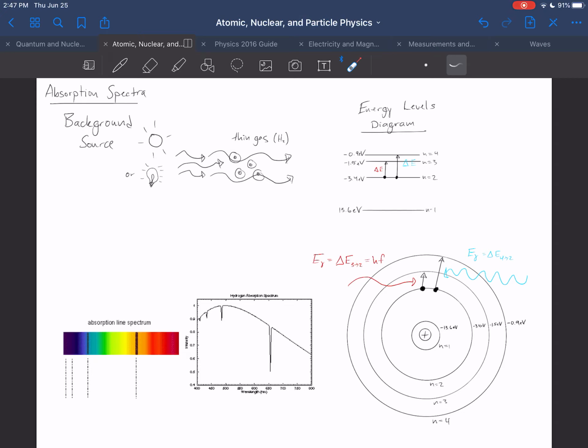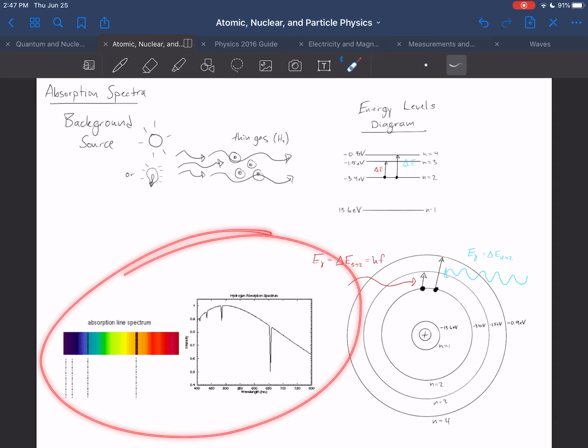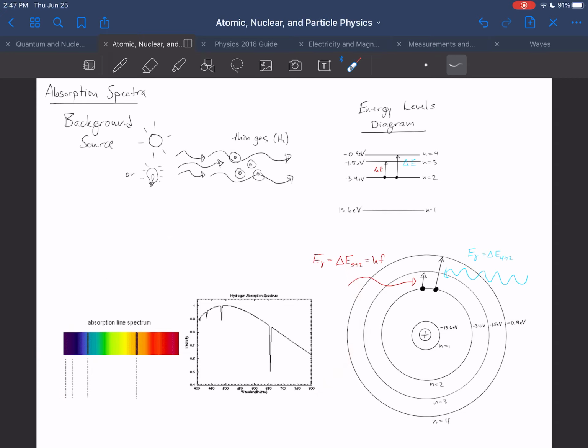And when they do so, you get this absorption line spectrum. This is the outcome. Notice they exactly correspond. So the emission lines of hydrogen exactly correspond to the absorption lines of hydrogen because they are due to the differences in those energy levels.